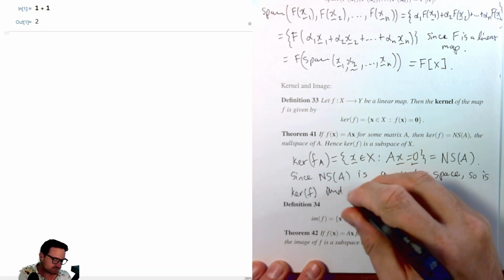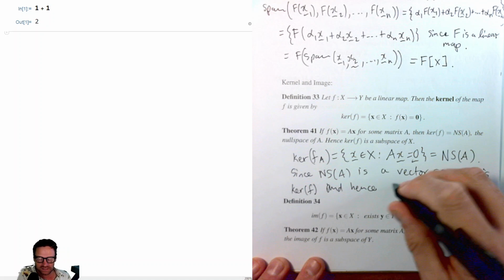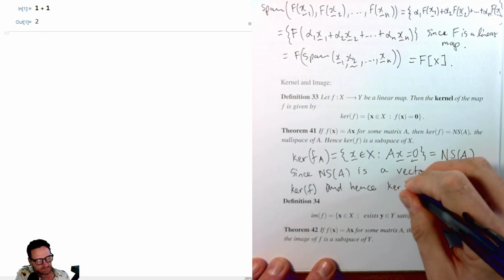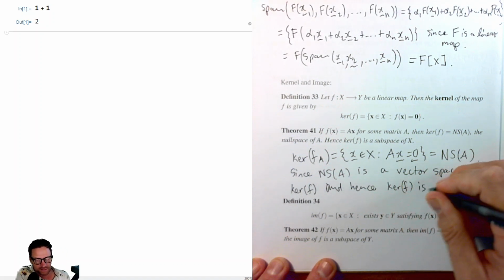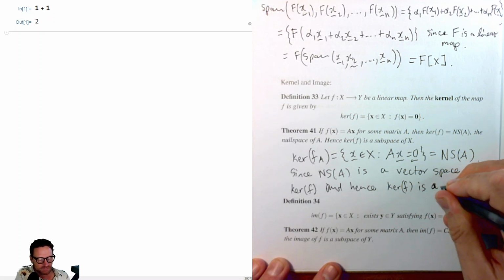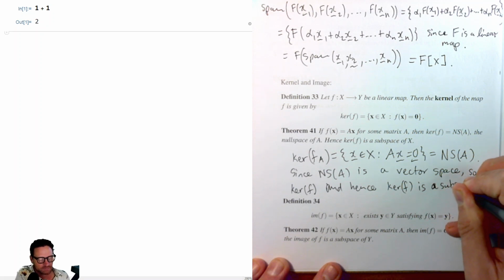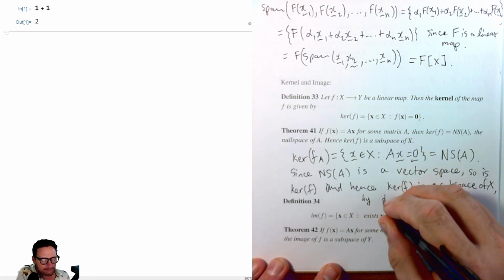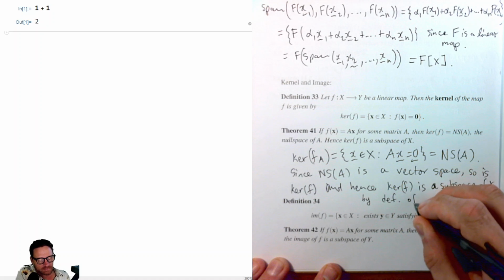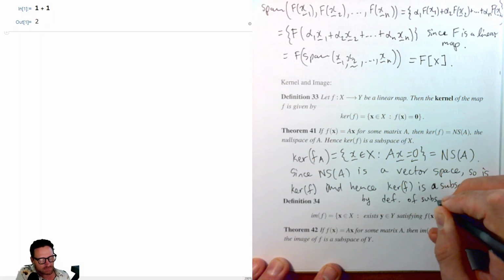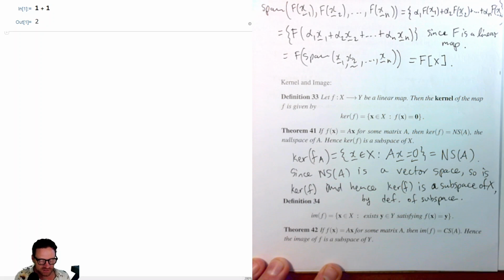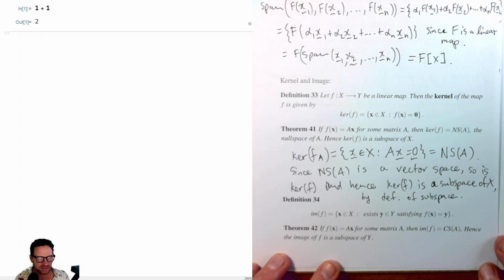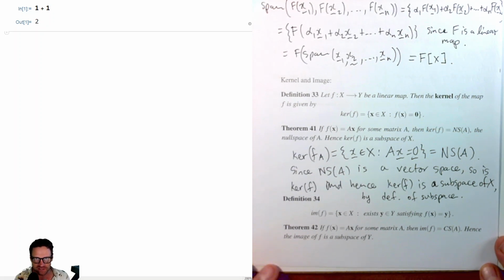And hence the kernel is a subspace of X by definition of a subspace. Because the definition of subspace says that it has to be a subset that is also a vector space in its own right.